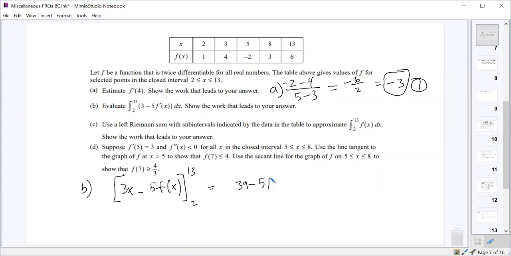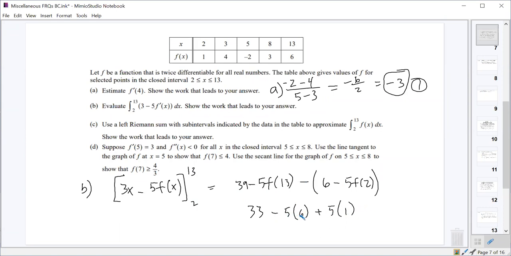Which should be 39 minus 5 f of 13 minus 6 minus 5f of 2. And let's see, looks like that will come out to be what? 39 minus, we got 39 minus 6, which is 33. And then we got minus 5 times 6, that's f of 13. And then we got minus a negative, so we got plus 5 times f of 2, which is 1.